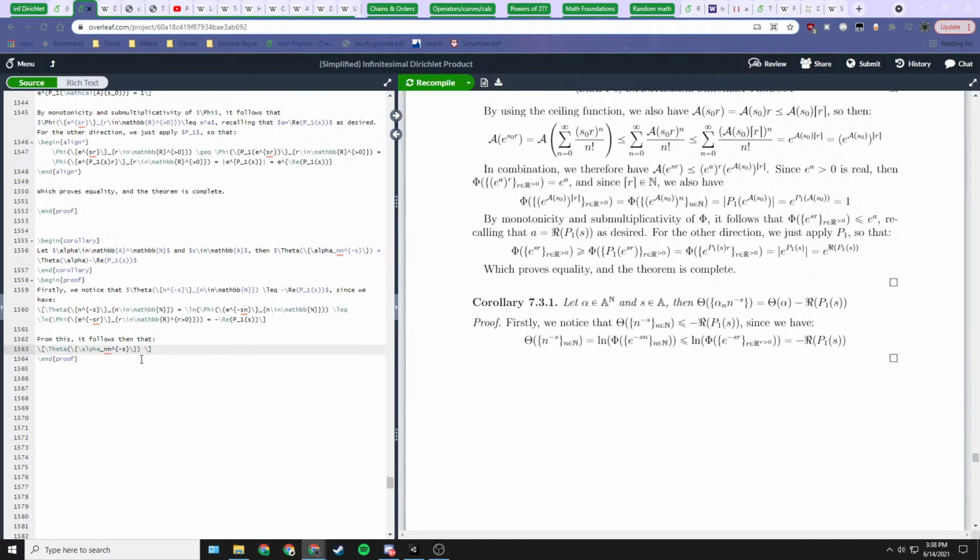So phi of this is less than or equal to, oh sorry, theta of alpha sub n plus theta of this thing. Actually, we can just go right ahead with minus the real part P1 of s.